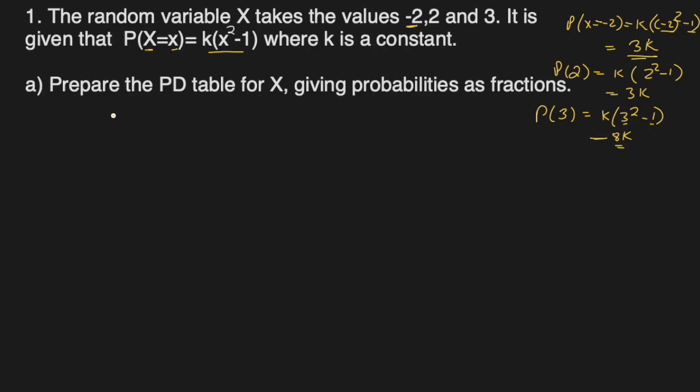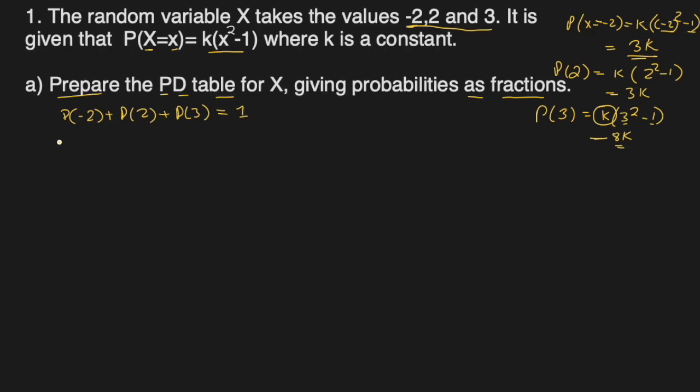Now, first we have to prepare a probability distribution table for x giving probabilities as fractions. That means we cannot involve k. So we have to evaluate k, and they said the variable x can take only these three values. That means their probabilities will add up to 1. So the probability of -2 plus the probability of 2 and the probability of 3, these being the only three options, will be equal to 1.